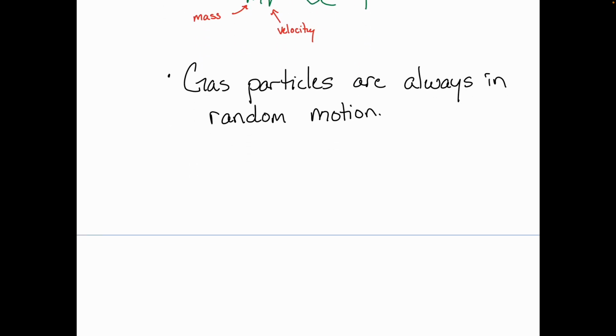But then there are a few assumptions in this kinetic molecular theory that are not so great. The first one is that gas particles occupy zero volume. By that I mean the particles themselves.